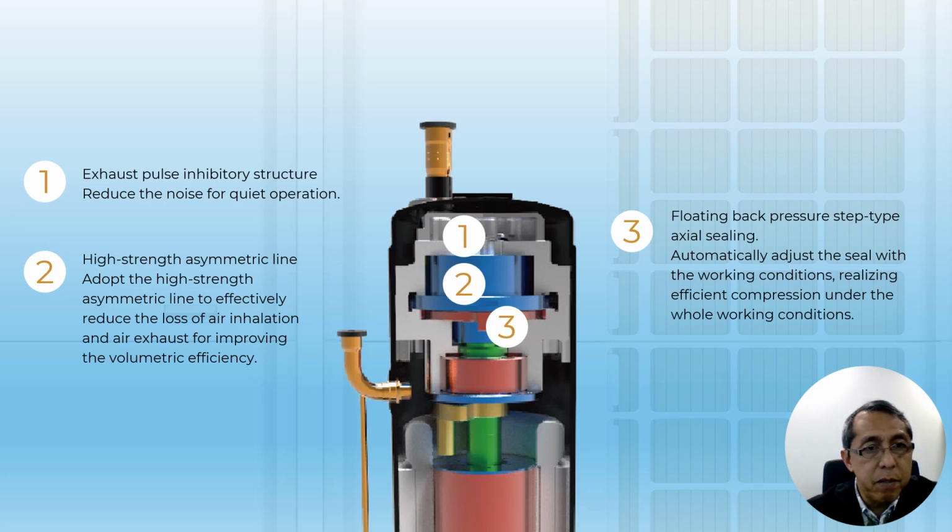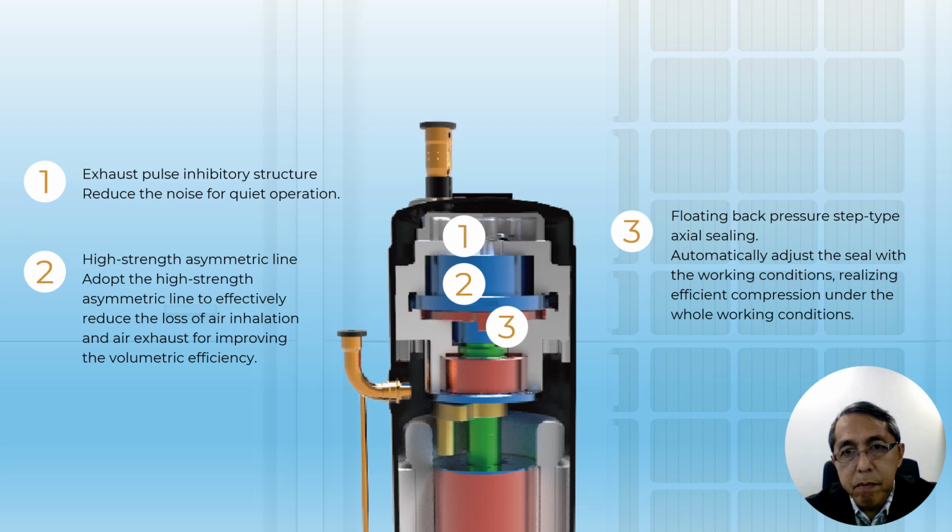It adopts a high-strength asymmetric line to effectively reduce the loss of air inhalation and air exhaust, improving the volumetric efficiency of the system during compression.